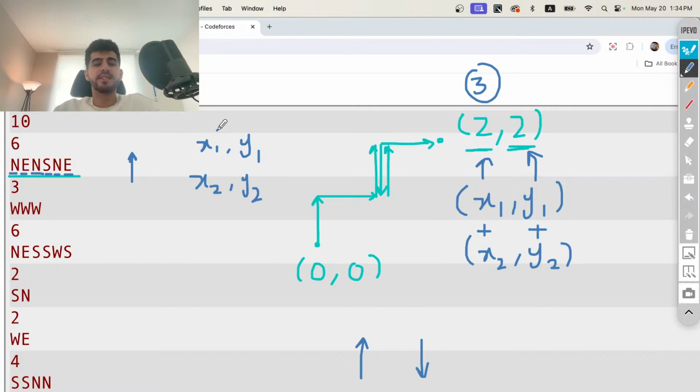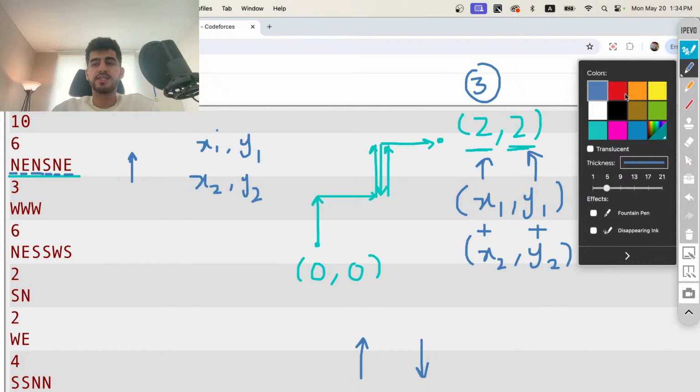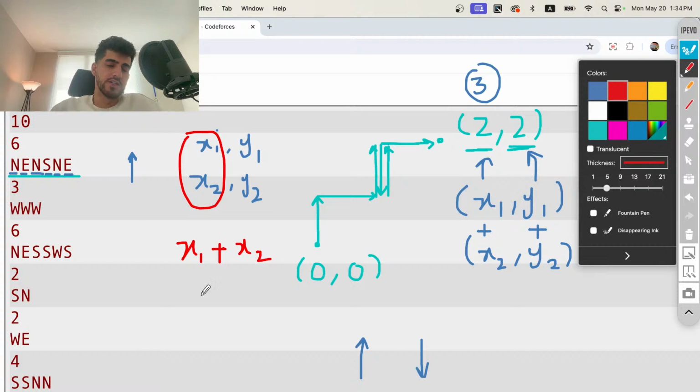So the sum x1 plus x2 will be increased by 1 after this move, because one of them does not change and the other one is increased by 1. So assume that x is equal to the sum of x1 and x2, the positions of the robots, and y is equal to y1 plus y2.